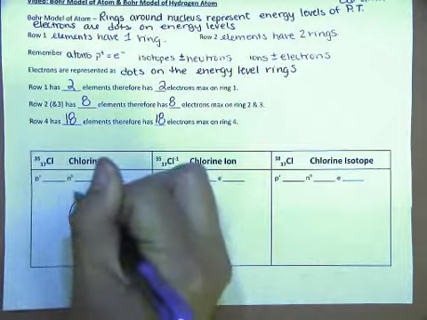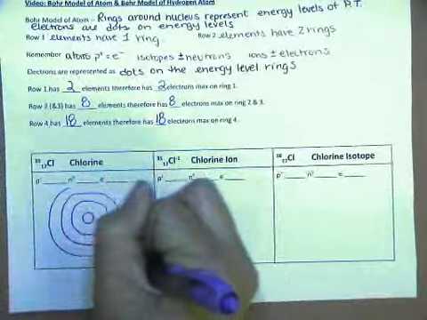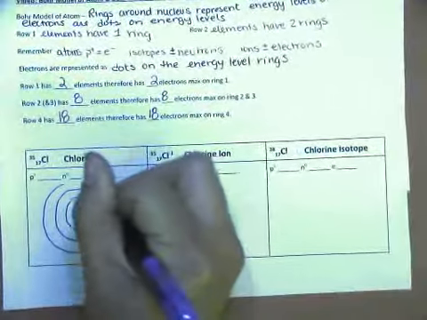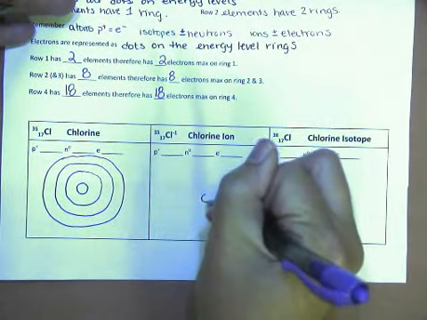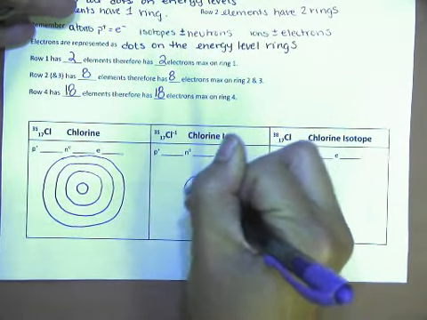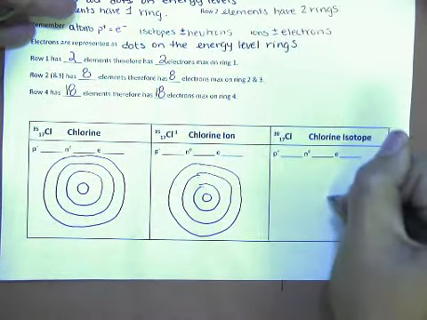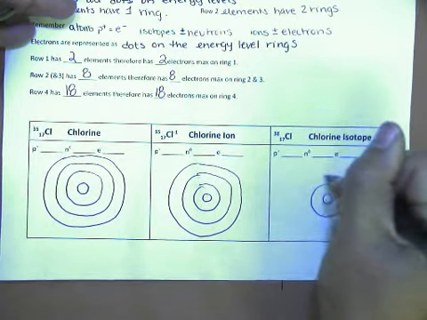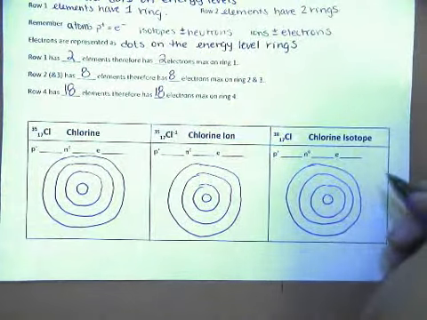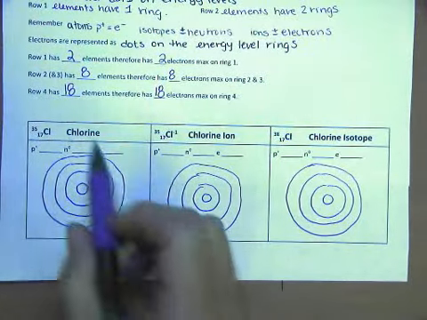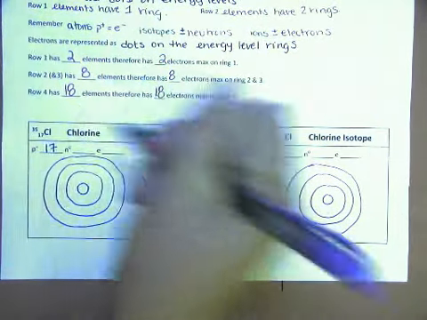1, 2, 3. Now I'll go ahead and make all 3 of them. Now, if we look at our chlorine atom, my atomic number is 17, so that means I have 17 protons.